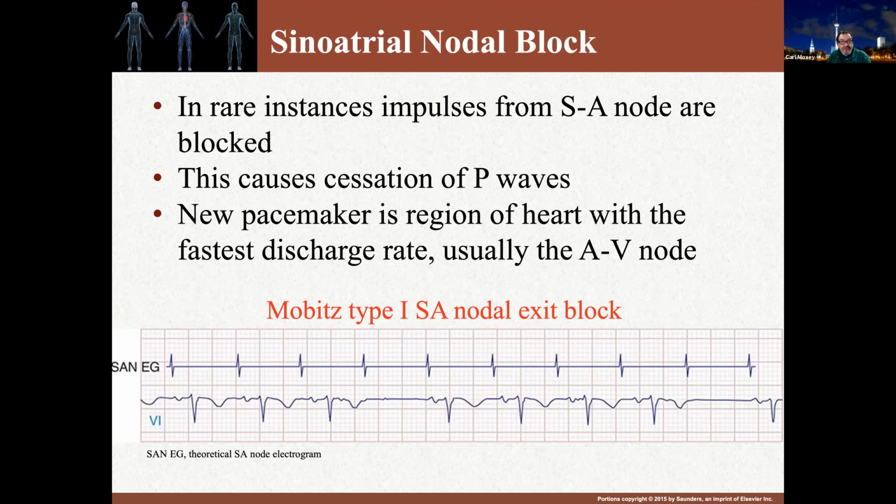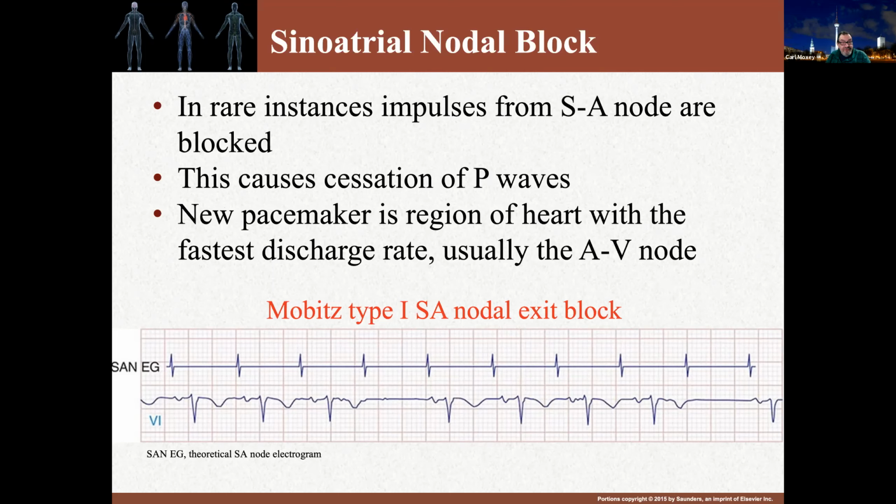The causes for this condition are usually attributed to deterioration or malfunctioning of the SA node caused by endocarditis or coronary artery disease. It can also be caused by medications like digitoxin, beta blockers, and calcium channel blockers.